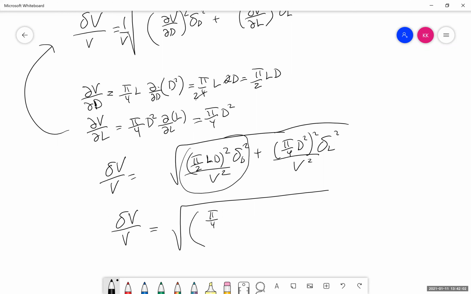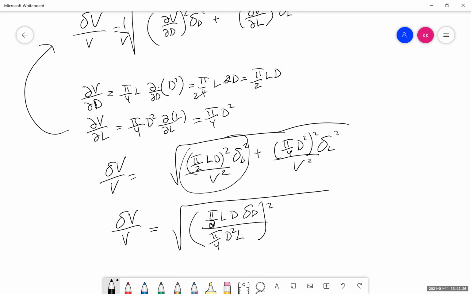It is pi over 4 L D, and then sigma D over volume. Volume was pi over 2, sorry, this is pi over 2, so pi over 4 D squared L, right? This was the volume.